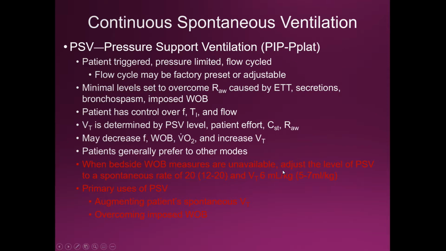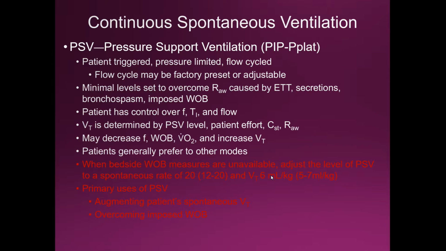So basically, what I'm trying to say here is that if you have nothing available, or the bedside work of breathing measures are unavailable, so I can't determine your bedside parameters based on your work of breathing, what I have to do is just increase your respiratory rate and get your tidal volume to 6 mLs per kilogram of ideal body weight.